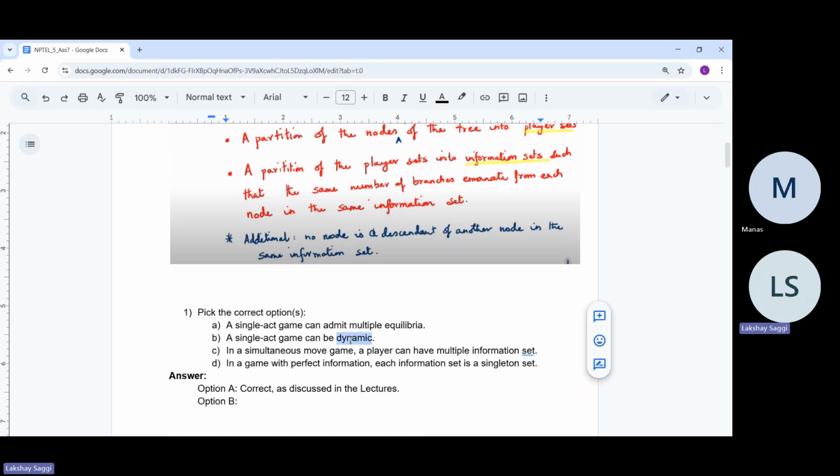One player plays first and then the second player plays. Simultaneous games are where both players are playing simultaneously. Single act games can be a combination of dynamic as well as simultaneous games. So this option is also correct, and this was also discussed in the lectures.